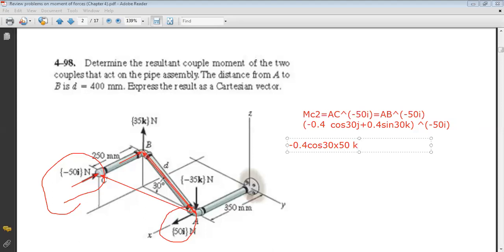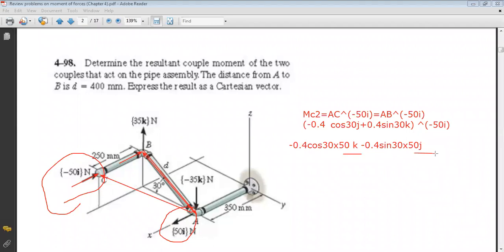And the second term, K vectorial I is plus J, but I have a minus, so it's minus 0.4 sine 30 times 50 along J. So as you can see, as expected, the resulting moment MC2 will have a component along K and a component along J, but no components along I. Now, if I want to use the previous method using the right-hand rule without the need to do vectorial product, what should I do?